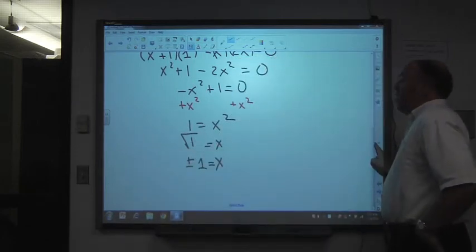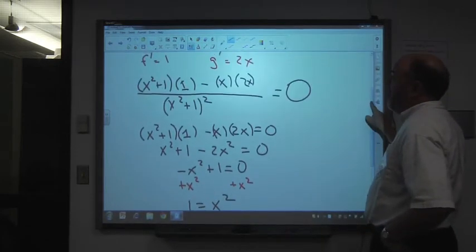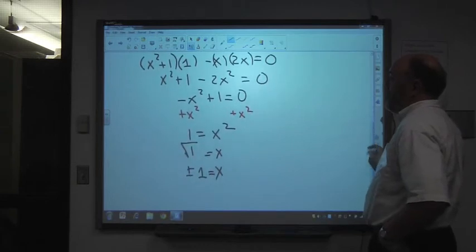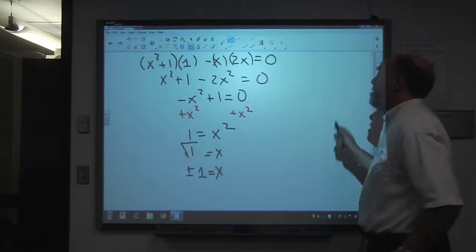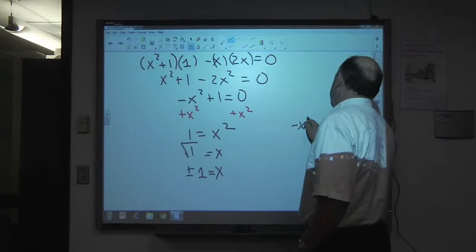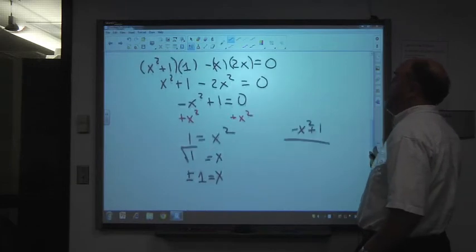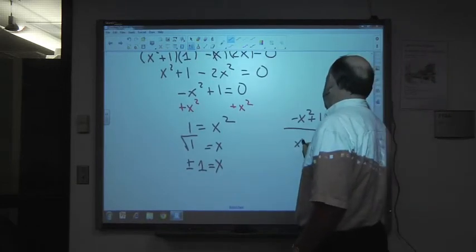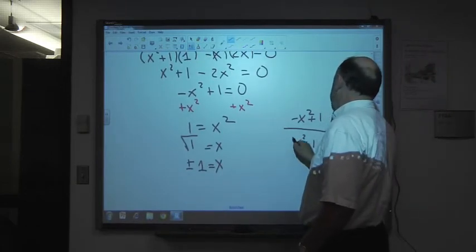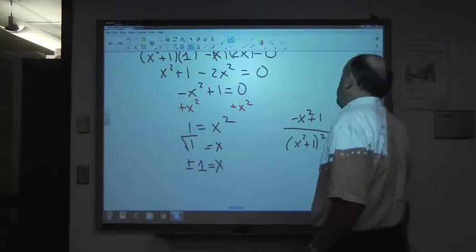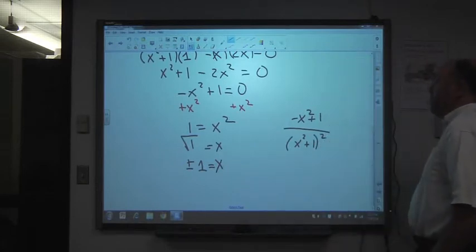So now, if we look at this, the top becomes minus x squared plus 1. My bottom term, we said, was x squared plus 1 squared. This quantity squared.